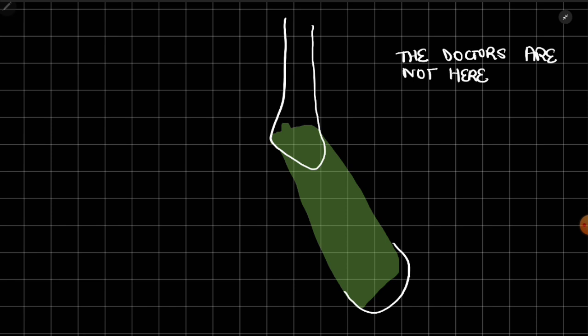From T it is the tibialis posterior. From D it is the flexor digitorum longus. From A is the artery, the posterior tibial artery. From N is the nerve, the tibial nerve. And from H it is the flexor hallucis longus.